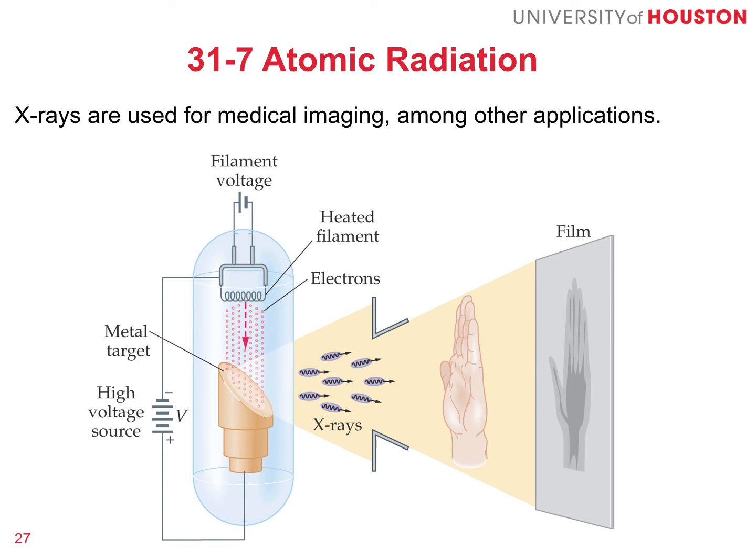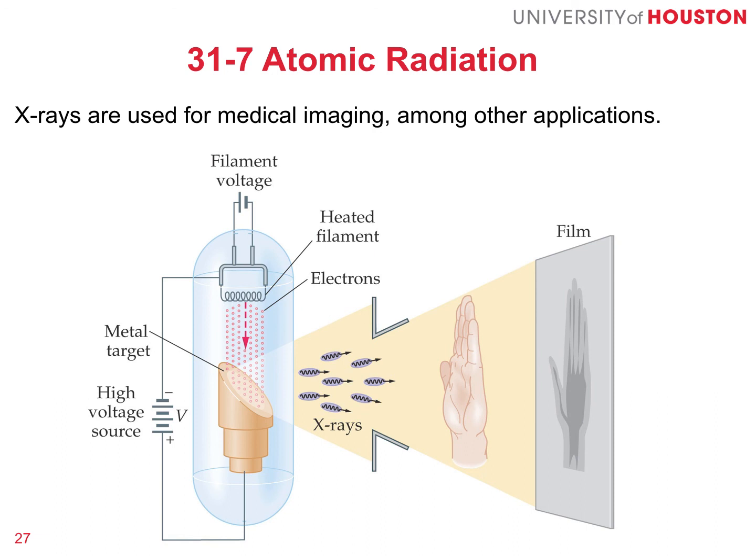As mentioned before, X-rays are used for medical imaging, amongst other applications. They are used to look for broken bones, since X-rays will pass through soft flesh, but they will not pass through bones. So one can shine X-rays onto a hand, for instance, and by seeing where the X-rays that survive the passage of the hand land exactly, one can see if the bone structure is normal or if it's indeed broken.